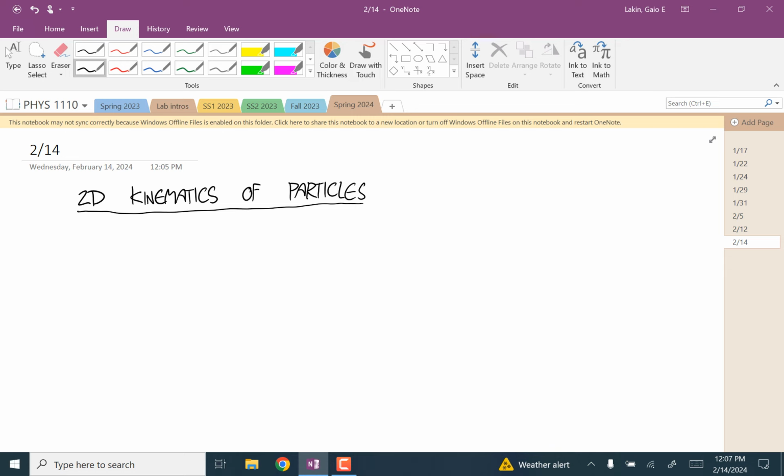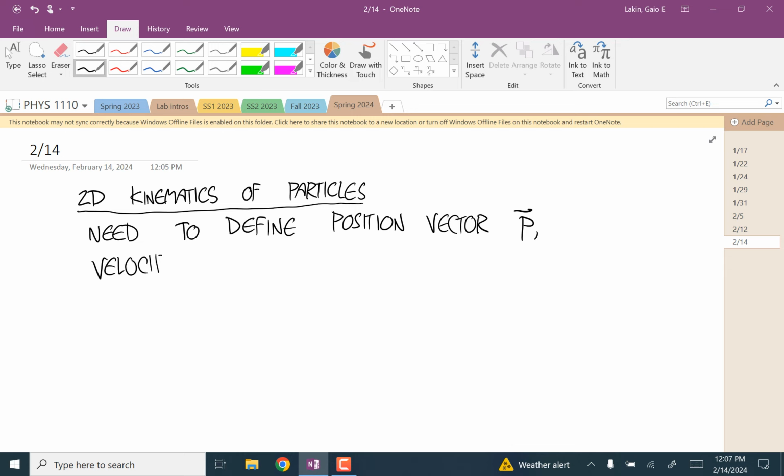So remember, before we can come up with equations to deal with kinematics, we need to define the position vector. And that is P with a vector symbol over it. The velocity vector, that's V with a vector symbol.